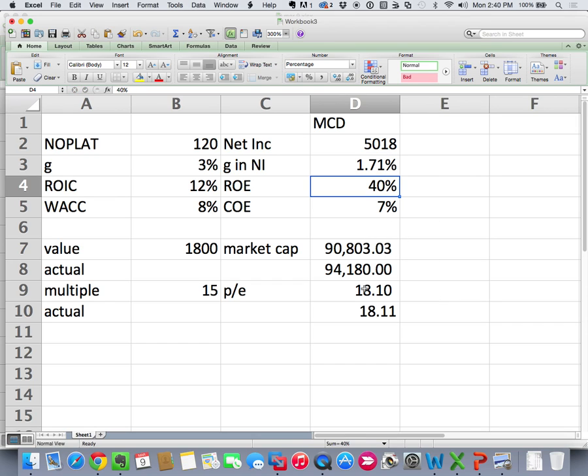Somewhere around 1.71%, the PEs match. So using our key value drivers formula, I got very close.